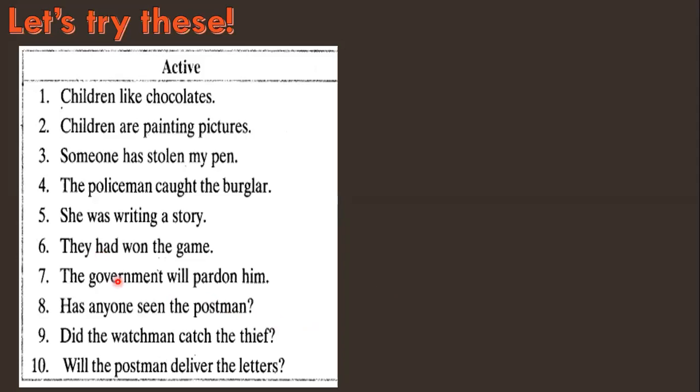Okay, the next one, the government will pardon him. Now, which tense is this? First of all, this is the future indefinite tense or the simple future tense. So come on, give me the answer. The government will pardon him.